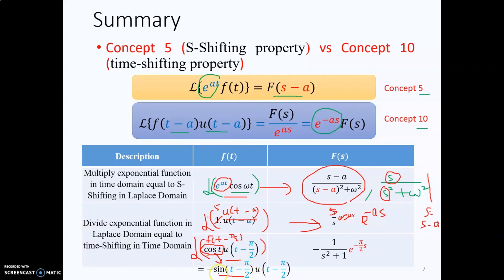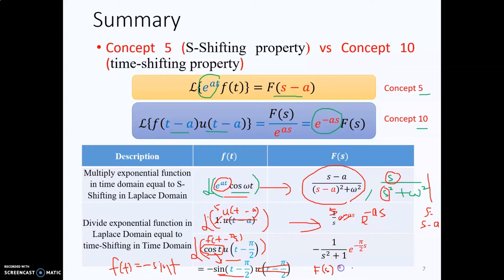So in this case, the sine function, without this term, is your f(t − π/2). You need to find your f(t) from it, which is the negative sine t. And then from here, find the Laplace transform for it.